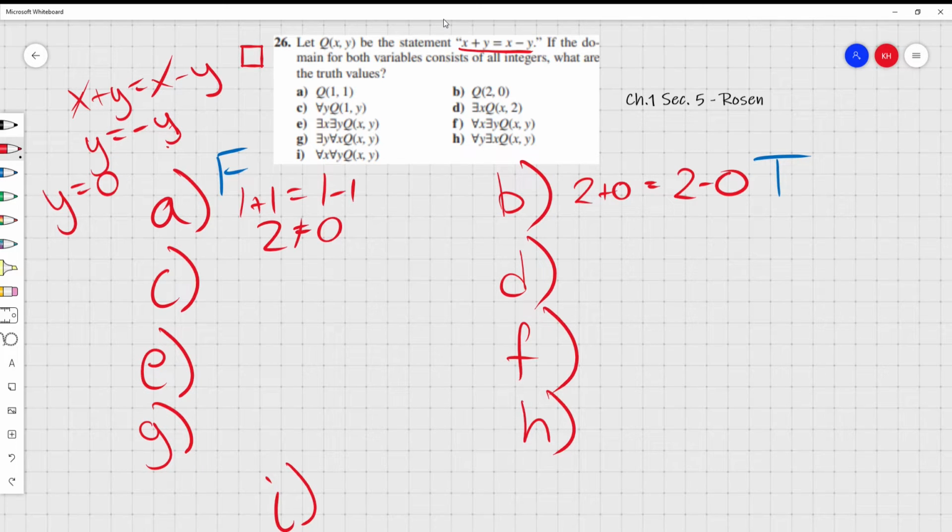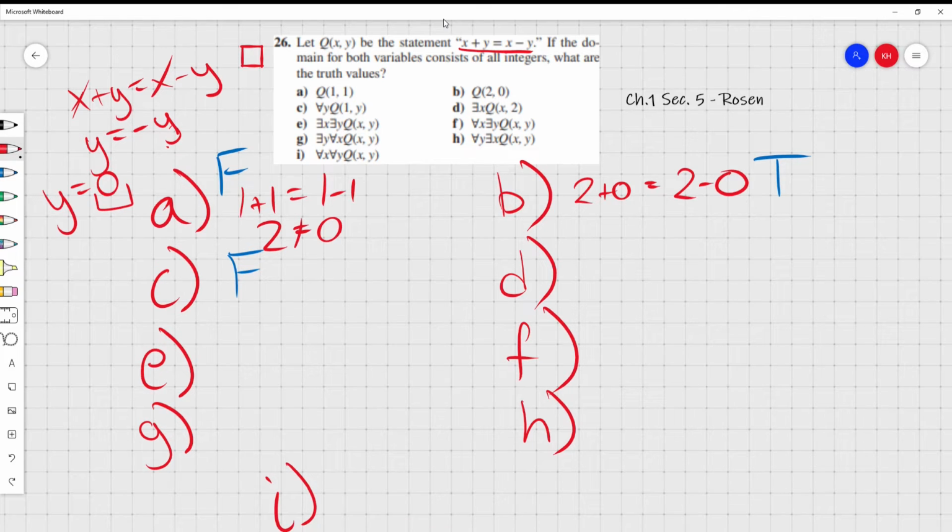And so we can apply this logic for the future questions here. For C, for all y, Q(1, y). This is the same thing. For all values that y is possible to have, we've proven that there can only be one possible solution for y. So by saying for all y, we can plug in 50 and it could work. In this case, it will not, so C is going to be false.